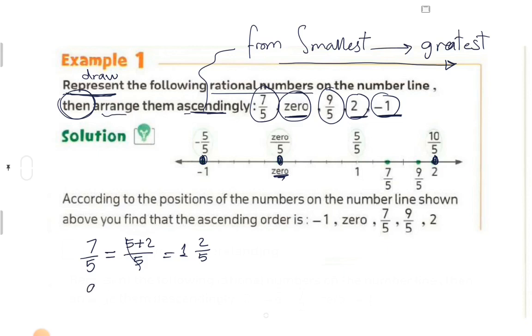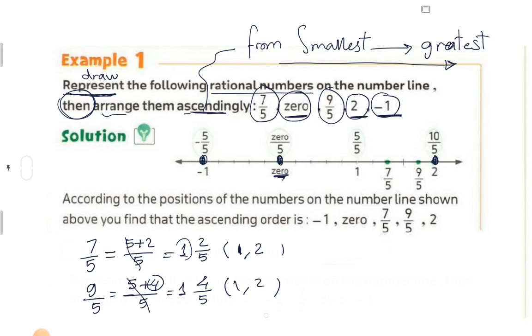Also, we have 9 over 5, which equals 5 plus 4 over 5. 5 over 5 equals 1 and 4 over 5 remains. That means 7 over 5 is in between 1 and 2, because it's 1 and 2 over 5. And 1 and 4 over 5 is also in between 1 and 2.